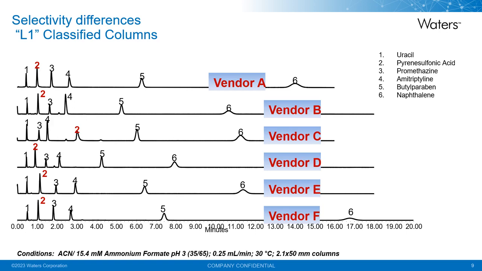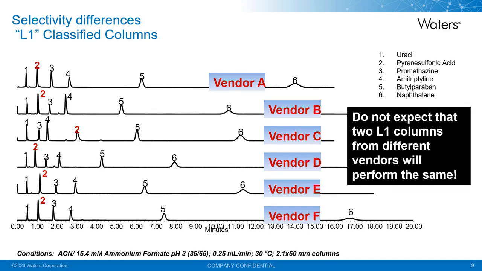And then as we move on, we see peak 5 and 6 move around quite a bit more. So there's really no way that you can determine how an L1 column would work based on this chromatography. You can't expect that two L1 columns from different vendors will perform the same.